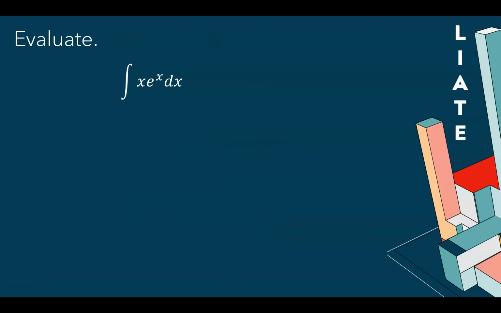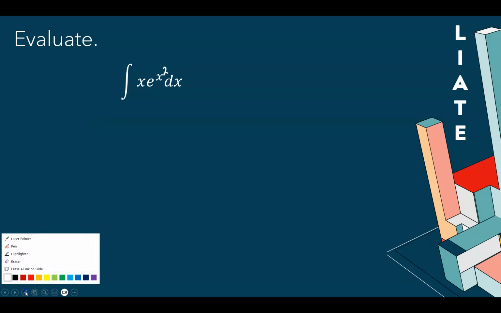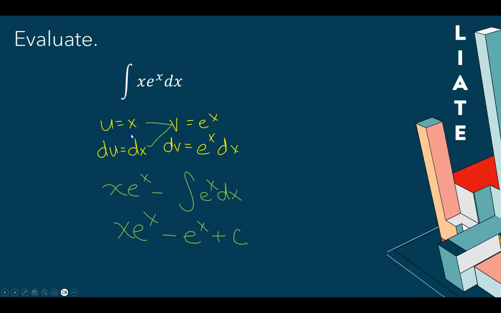All right. x e to the x is also integration by parts. You can tell because this x out front is not the derivative of x, right? If it was e to the x squared, that's what we would be seeing for chain rule. All right, so u is equal, oh my gosh, that came all at once.